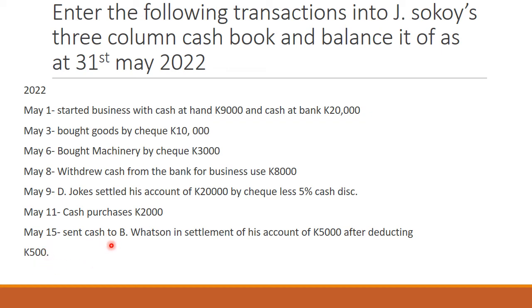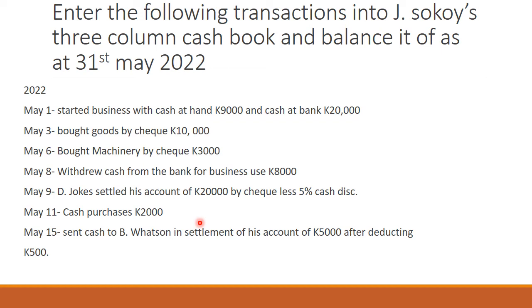So when the business is making a payment to its suppliers, it receives discounts. When the business is receiving a payment from the customers, it allows discounts. So you need to understand the difference in determining which one is discount received and which one is discount allowed. When the business is receiving a payment from its various customers who bought goods on credit, it allows discount.